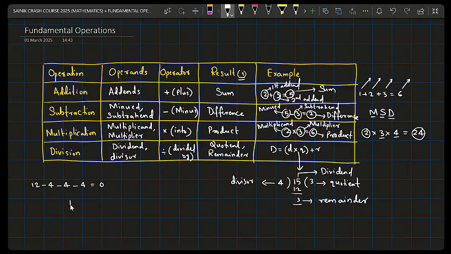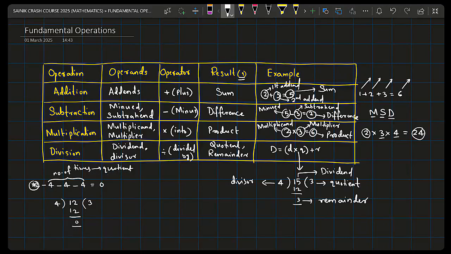That means from 12, repeatedly 4 is subtracted. How many times subtracted? 4 threes are 12. 3 times subtracted and we got 0. So the number of times we are doing the subtraction, that will become the quotient.